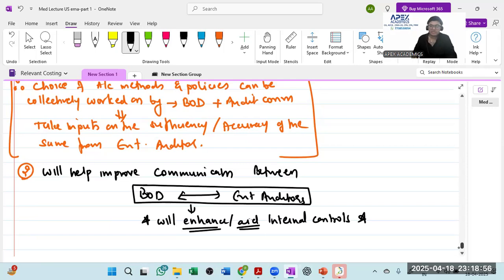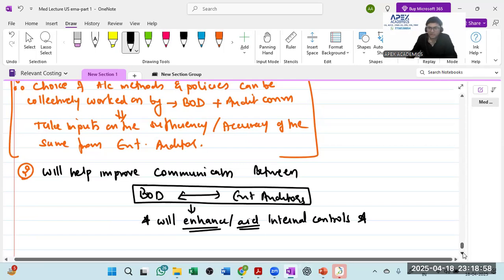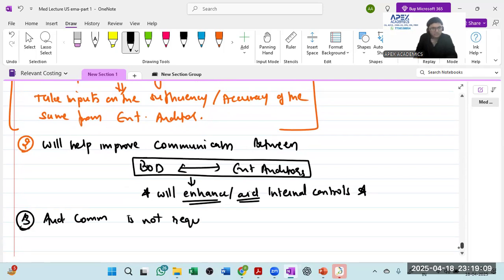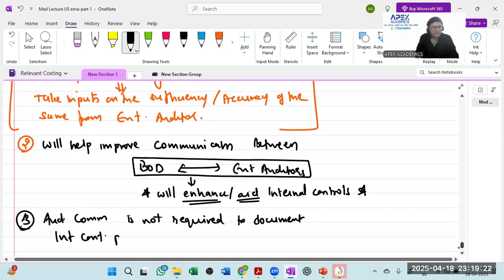Yes or no? Please tell me that. The audit committee is not required to document internal control procedures.